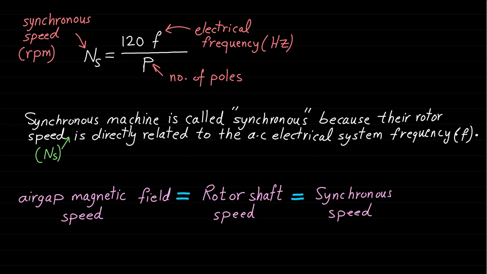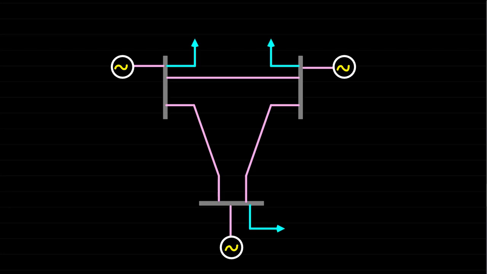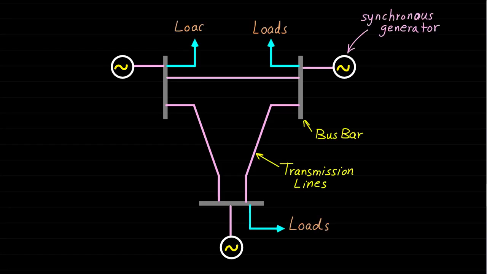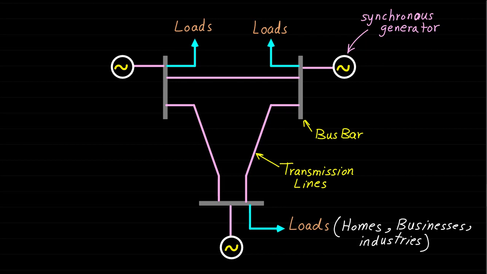In practice, synchronous generators are interconnected, as shown, through transmission lines to share the load easily. It is interesting to know that all our electricity supplies in the homes, businesses, and industries are produced by synchronous generators installed in power stations.